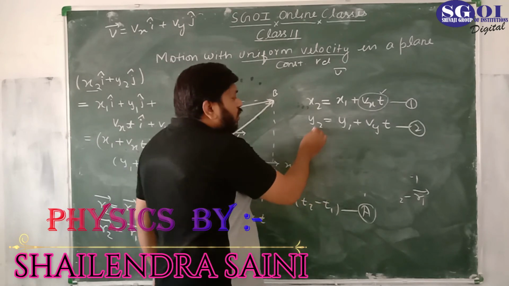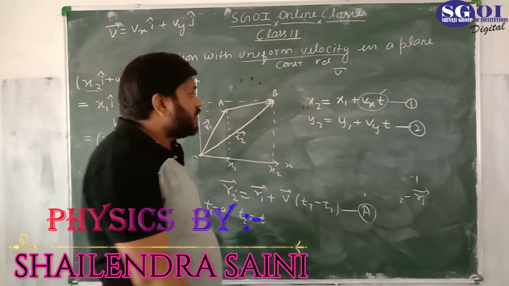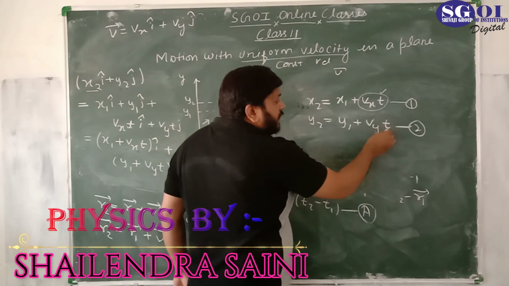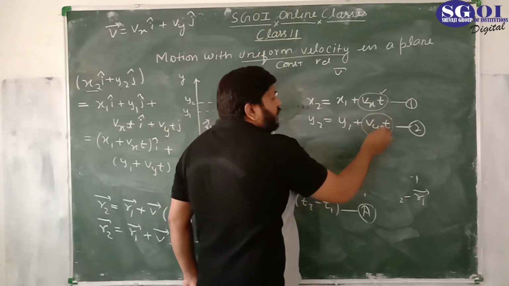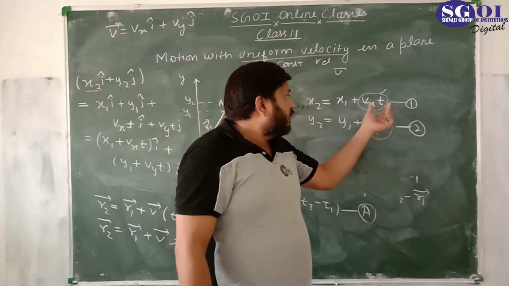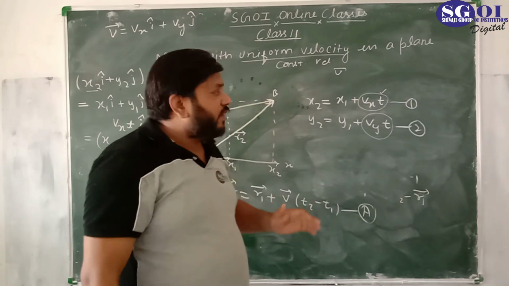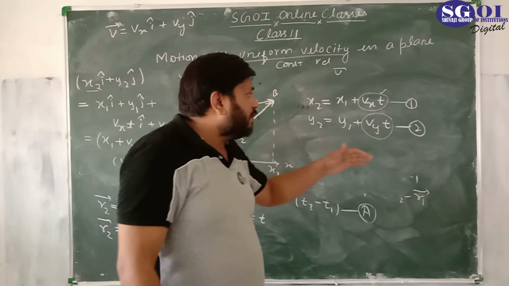And if we talk about the y dimension, the vertical axis, in the same time t it moves a distance vyt, it is being displaced vyt, in the same way as it was moving with uniform velocity in one dimensional motion.